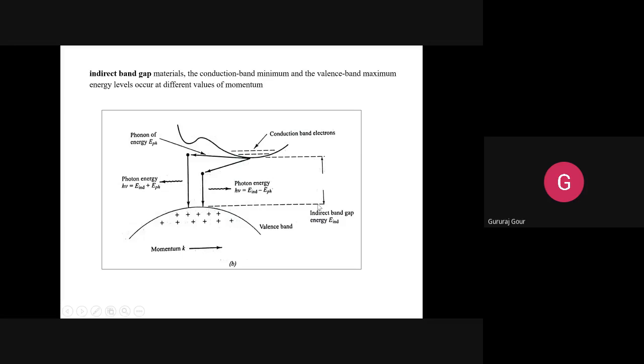So methods are there to minimize and to make the radiation in one direction, or to completely minimize it. That is the main difference. I just wanted to revise here the difference between direct and indirect band gap materials.